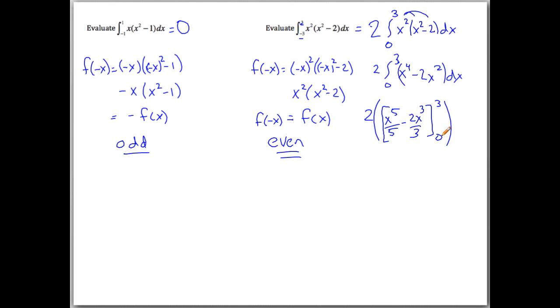Okay, so it makes it a little bit easier having that 0 now, because if we substitute 0 in here, that becomes 0. So it's really just going to be 2 times 3 to the 5th over 5 minus 2 times 3 cubed over 3. And we're basically going to subtract 0 from that.